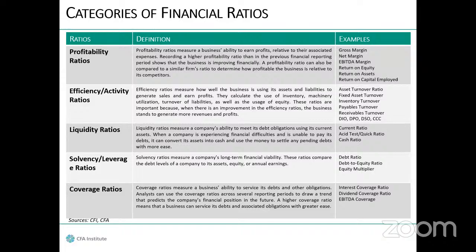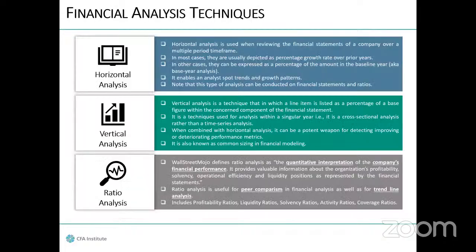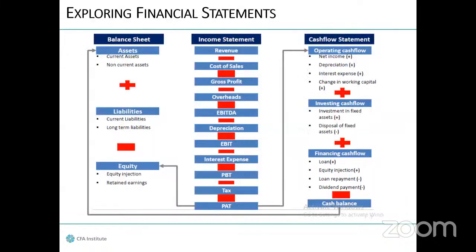Let's go back to this slide. Under income statements, whenever you're calculating profitability ratios, a lot of times you'll be focusing on income statements. There are times when you'll be taking things from the balance sheet. Gross margin is basically gross profit as a percentage of revenue. So gross profit is divided by revenue, and you convert it to percentage.